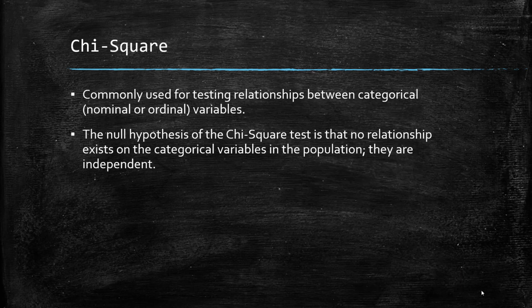And then there's chi-square, where we test independence when we are using categorical variables. It's commonly used for testing relationships between two categorical variables, which can be nominal or ordinal level variables. So maybe we want to look at the relationship between marital status and job title in our sample population.